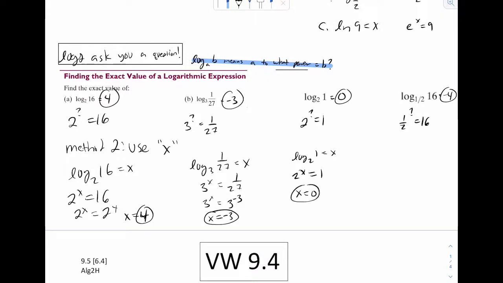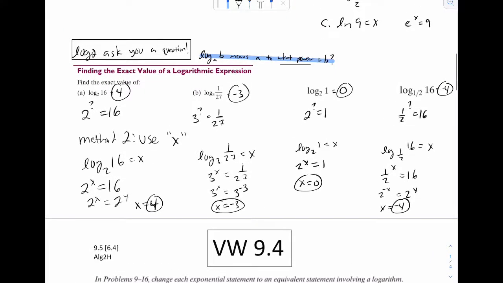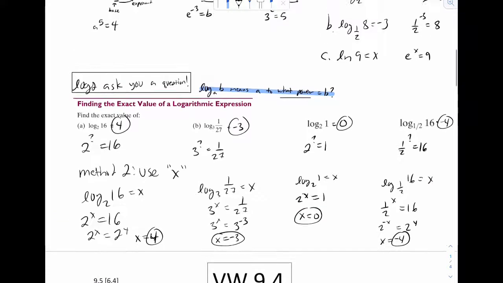X must be 0. Log base 1/2 of 16 is equal to x. 1/2 to the x equals 16. This is kind of a cool one. 2 to the negative x equals 2 to the 4. So x should be negative 4. So you can do either method, whatever you're more comfortable with. I typically do this one because it's faster, but if you like using x, that is okay.